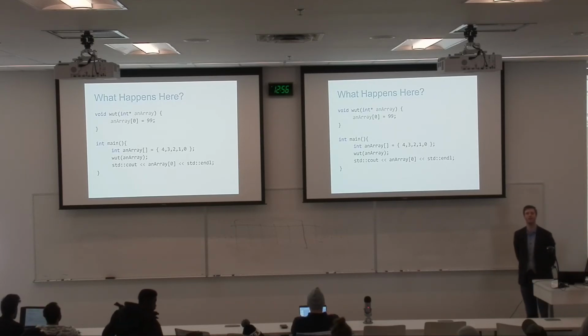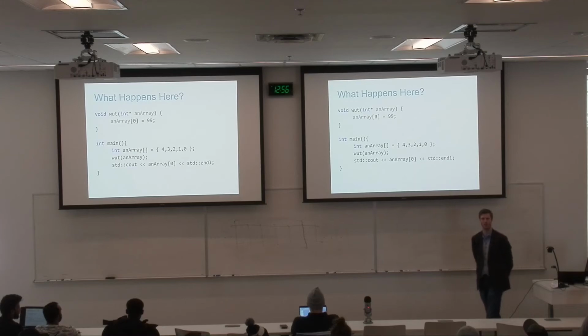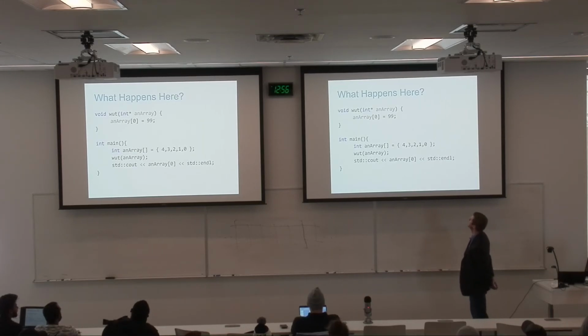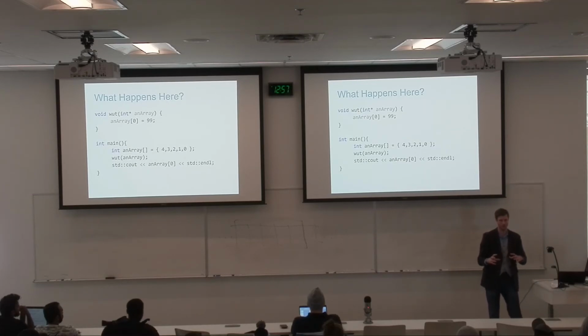What do you say? 99. Why? Perfect answer. Because it's a pointer. An array will get me to the exact same one single array in RAM called an array. It gets me to that memory location.